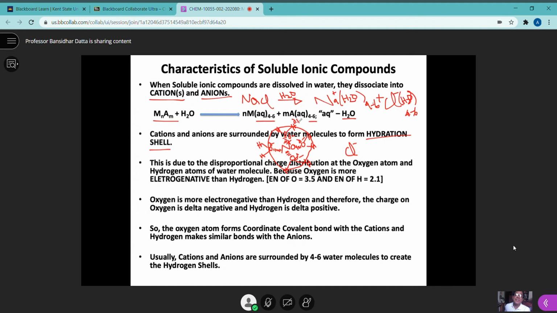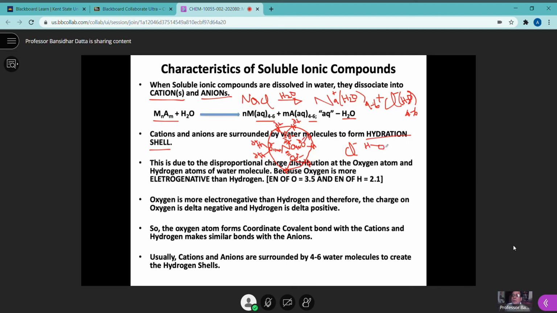Both hydrogens are delta plus. I'll explain to you why they're delta plus and delta minus. So now tell me how the water molecule will coordinate Cl minus. With the hydrogen? Yeah, of course, absolutely right.